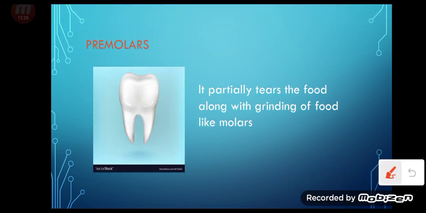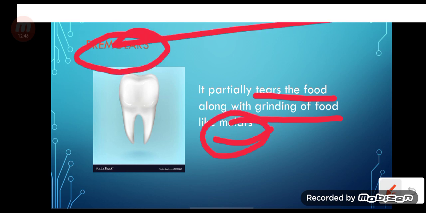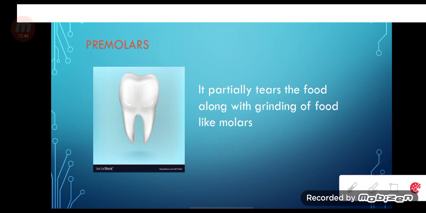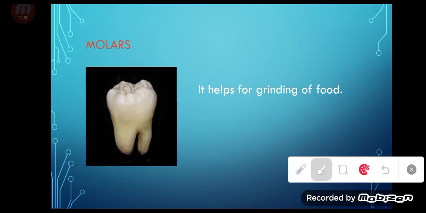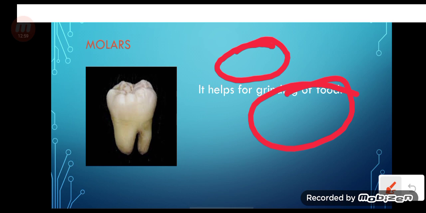Next one is premolars. Premolars partially tear the food, and along with that grinding of food also takes place, which means they do both functions. Now molars: the function of molars is grinding of food. It makes the food into a paste, just like roti preparation requires wheat dough.